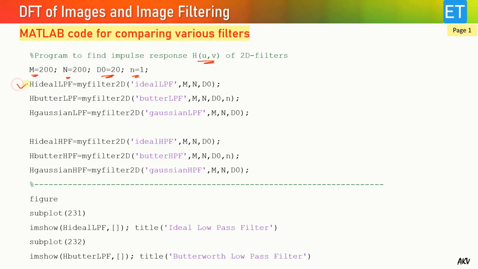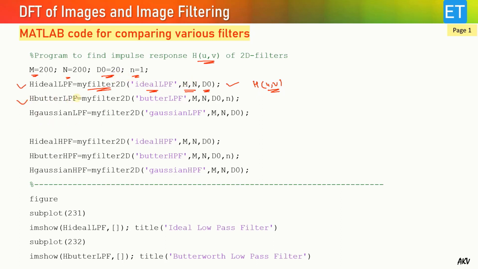By the first line, if you execute this, you are executing the function myFilter2D, and we are passing these attributes. The first attribute is the type of the filter, that is the ideal LPF. Here we define the size, and here we give the distance 20. After executing this line, you will get the H(u,v) of the ideal low pass filter with radius 20.